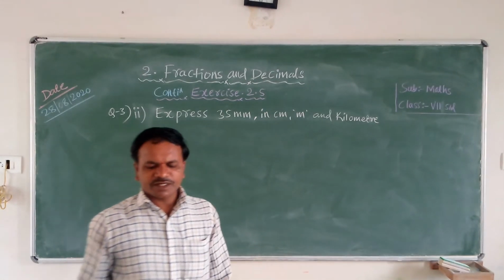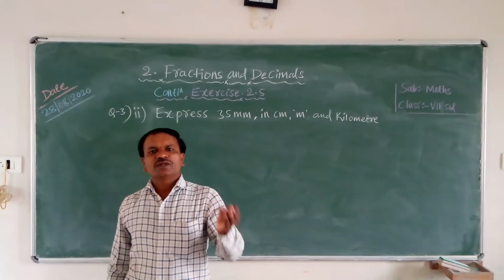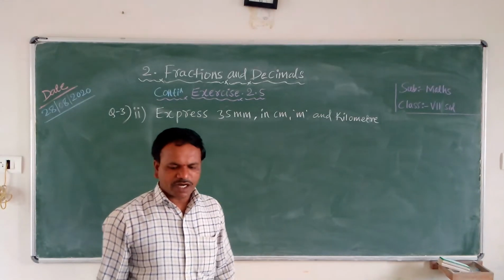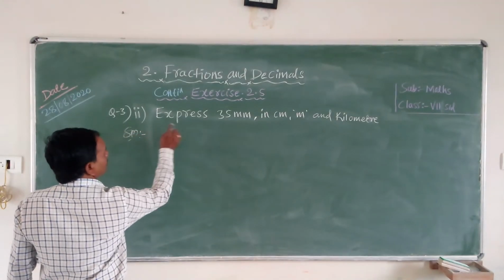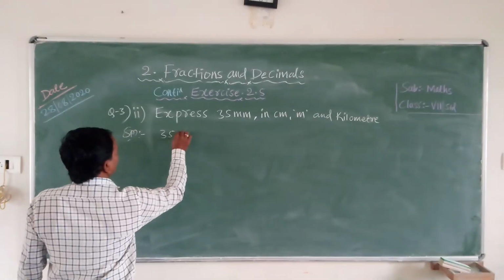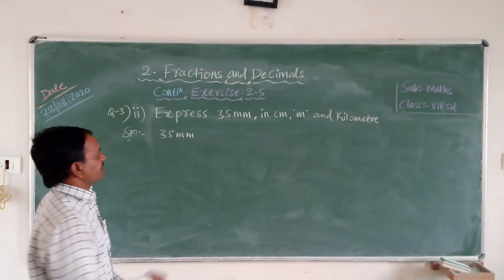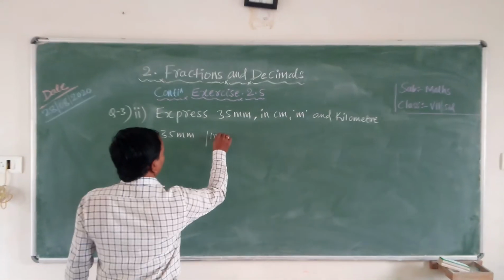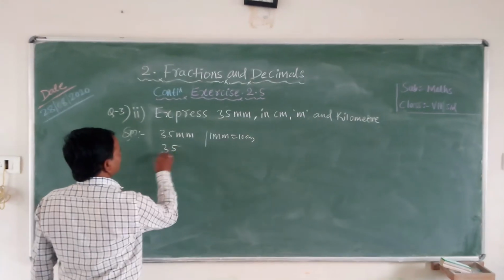So 35 millimeter means what? You have to divide by 10. So Sulochana, 35 millimeter. 1 centimeter is equal to 10 millimeter, so divide by 10.